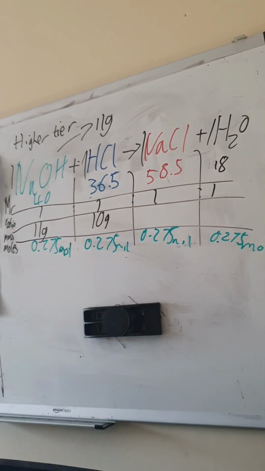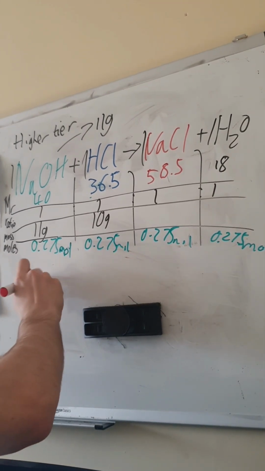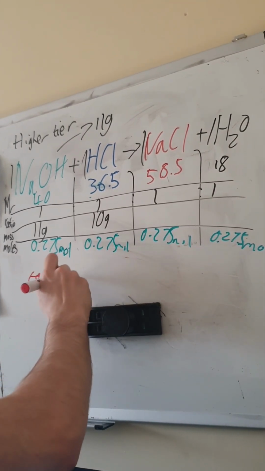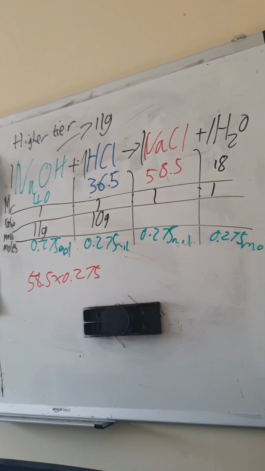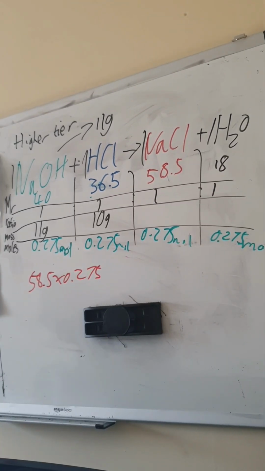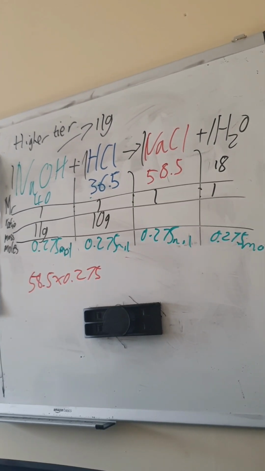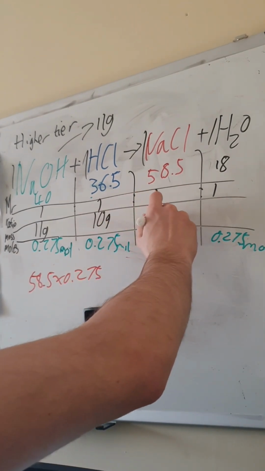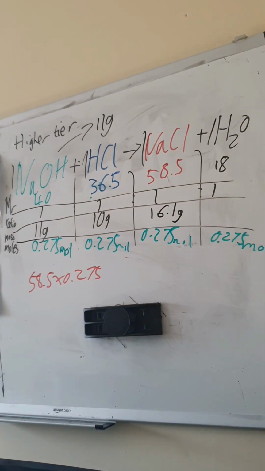Then we've got to do 58.5 times 0.275. And that gets you out to 16.087. 16.087 rounds up to 16.1 grams.